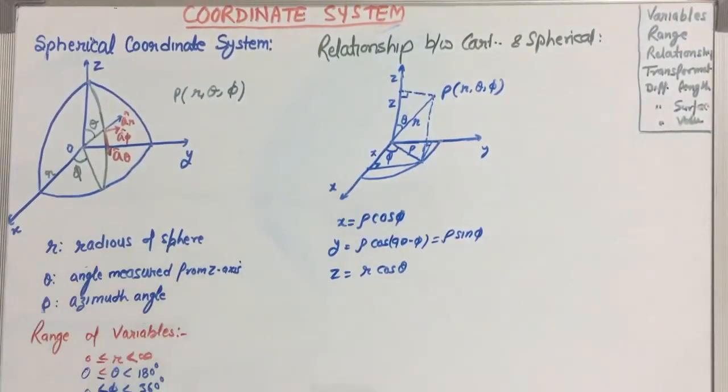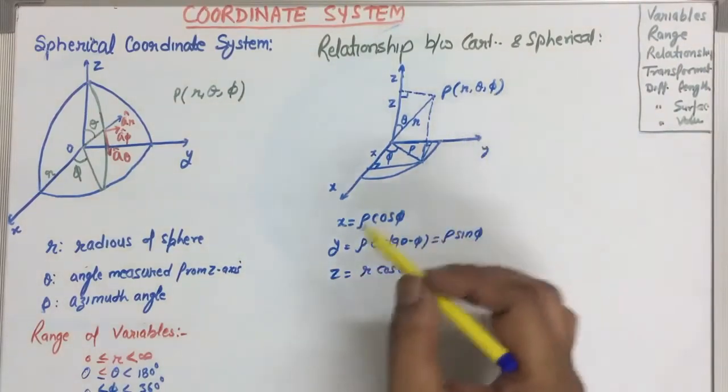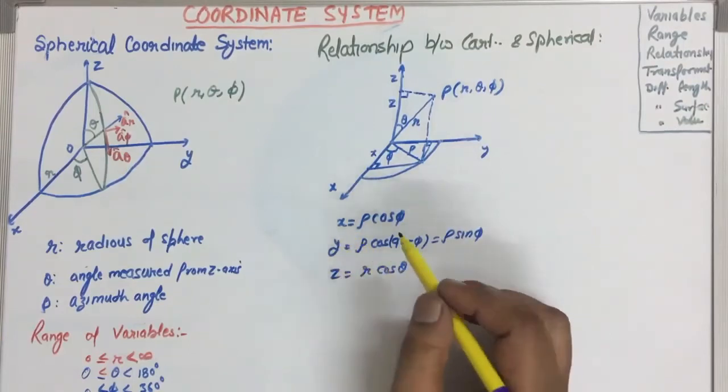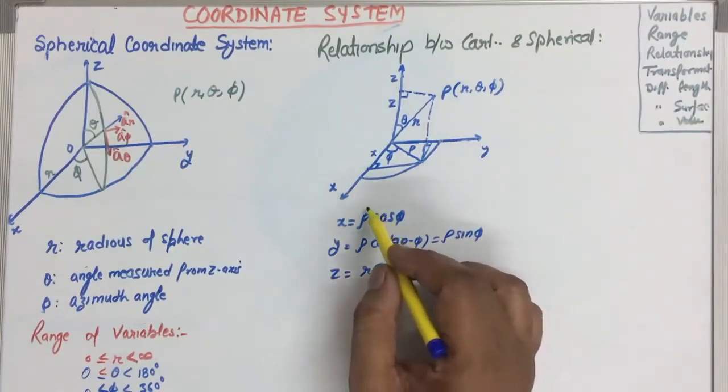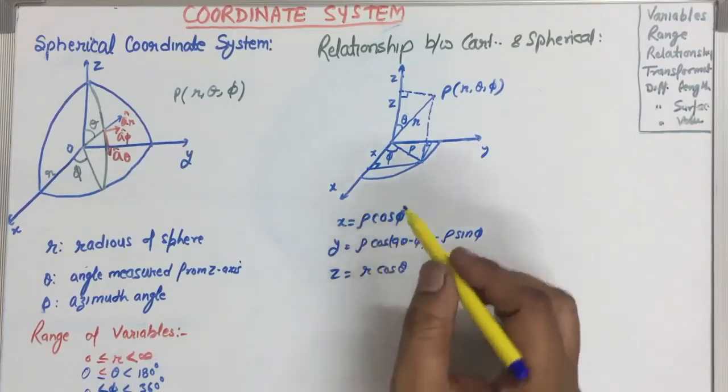As we have to present r, theta, phi in terms of x, y, z, we have to remove rho from here.